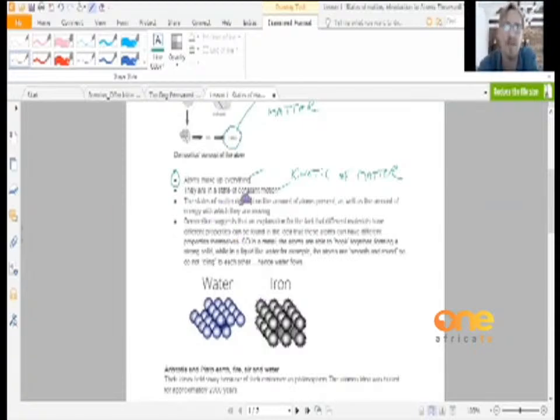So the state of the matter depends on the amount of energy with which the atoms are moving. In the solid state, water molecules stick together. They're frozen. They do not move as much. In a gas, you've heated water to boiling point, and now the individual water molecules are free to move with a lot of energy.